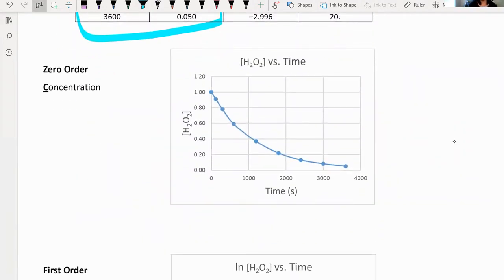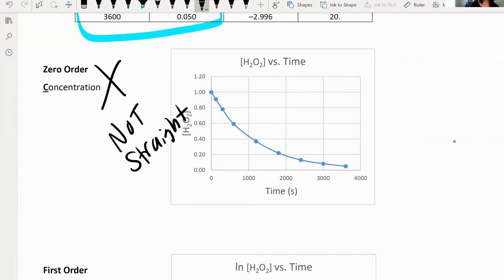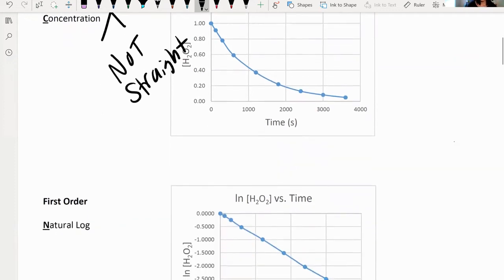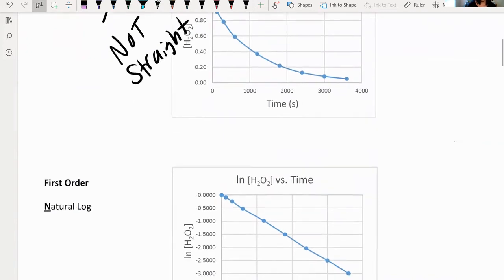If I plot concentration on the y-axis and time on the x-axis, I get this curve. Is it straight? No, not straight. This is not a straight line. It's not linear, so this is not zero order. Done. Let's look at the next graph we produce.